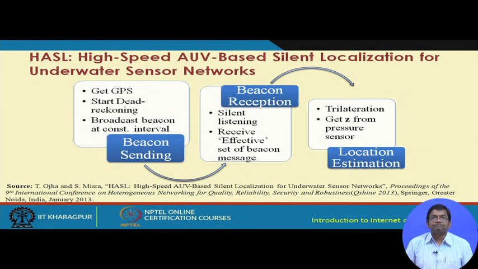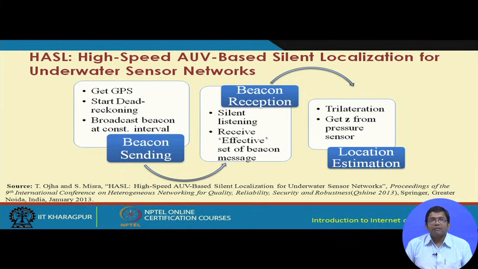So, dead reckoning, I was mentioning to you about dead reckoning. Dead reckoning is a technique of localization that is typically used in oceanic environments, where it is hard to find specific references.